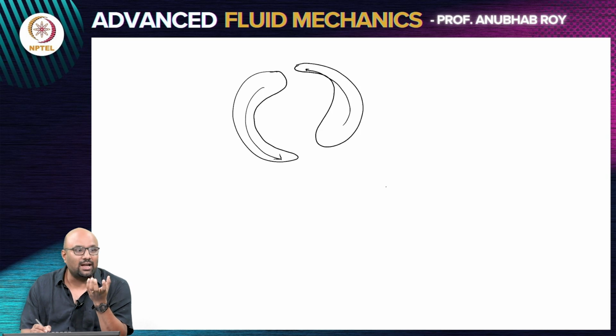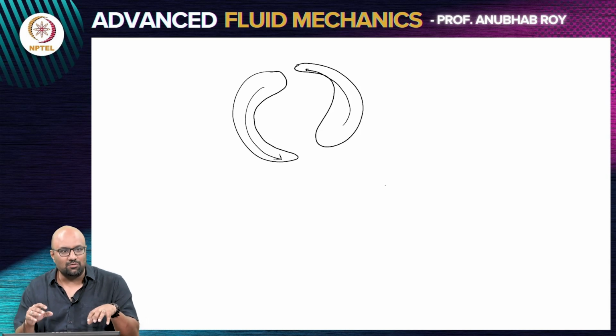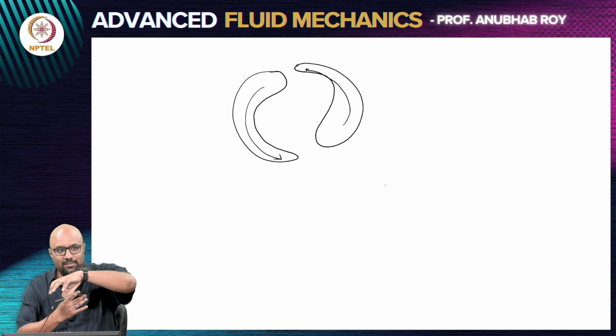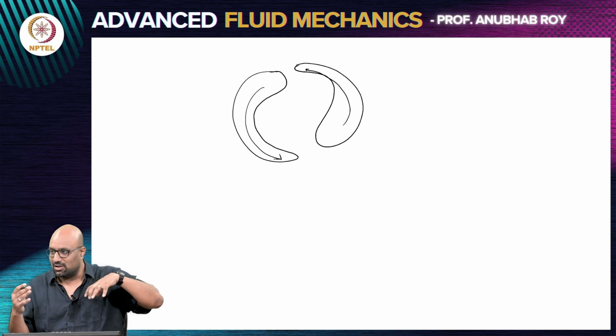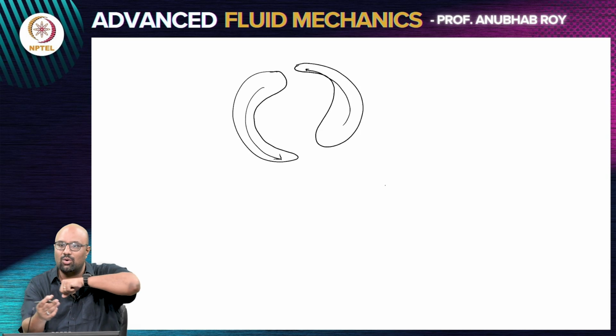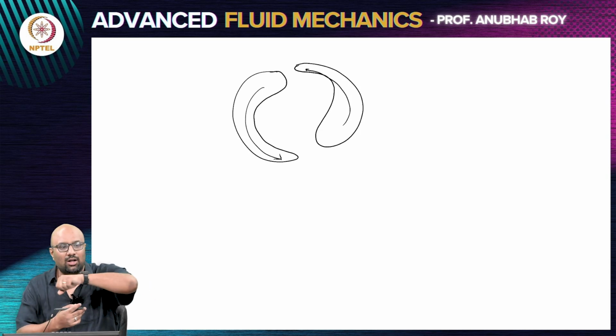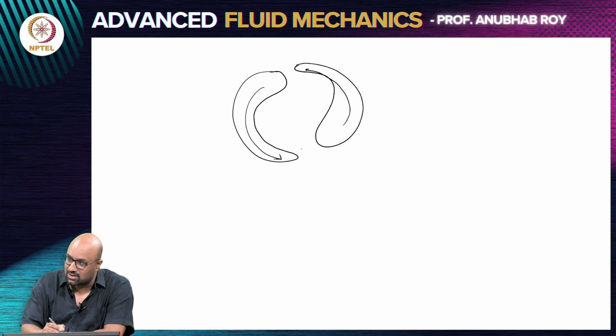This is a very important idea which requires sophisticated computation, but physically, from an intuition of how vortices behave, you can understand that in an actual problem you will not have point vortices, you will have regions of vorticity. Those blobs or regions of vorticity are going to rotate around if they have the same sign. As they rotate around, if they are sufficiently close, they are going to get drawn out into filaments. As they get drawn out into these filaments, they will form a spiraling structure, and eventually they will merge and form one big blob of vorticity.